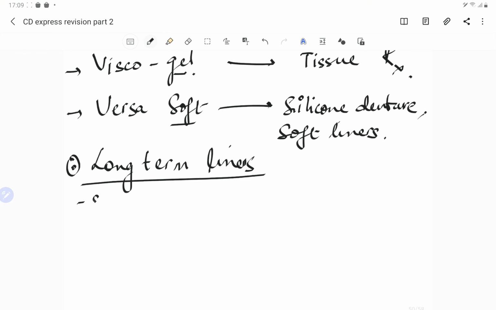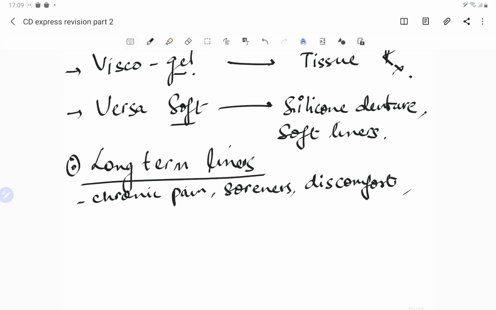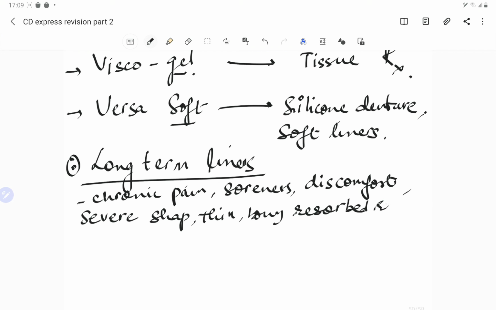In case the patient is having chronic pain, soreness due to the denture, discomfort, or there are sharp, severely resorbed thin bony ridges, or deep undercuts are present in the ridges.